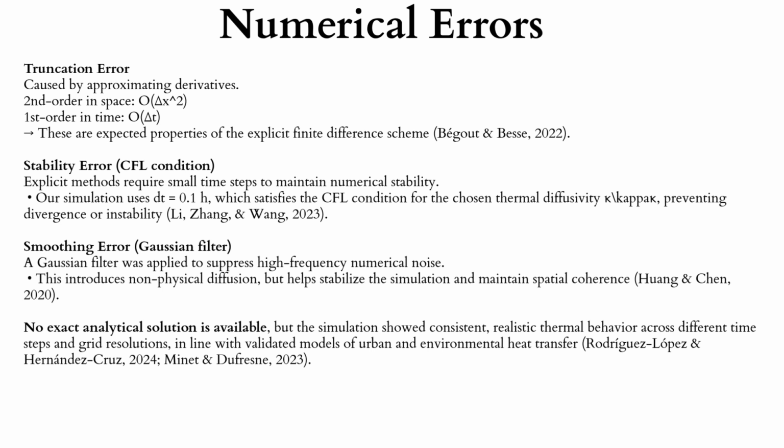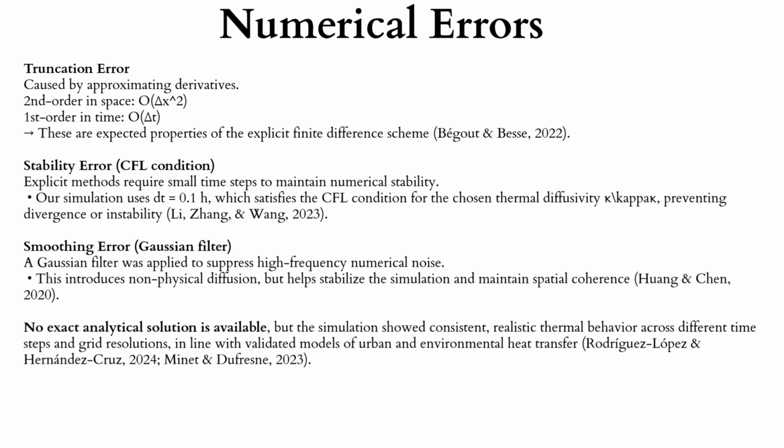We have the numerical errors. The first one is the truncation error, caused by approximating derivatives. The second order in space has a truncation error of the step squared, meaning that with a smaller spatial step, the truncation error decreases with the square of the step.